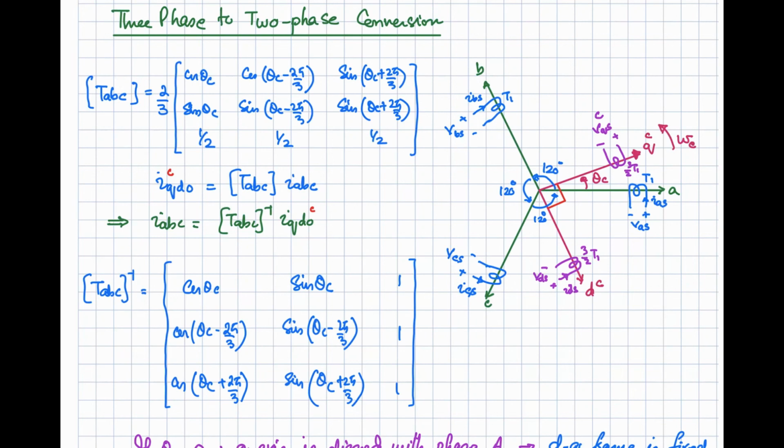So let's summarize this video. We conclude this video that we have discussed how we can represent the induction motor in different frames of reference, in the stationary DQ frame of reference or in the rotating frame of reference.